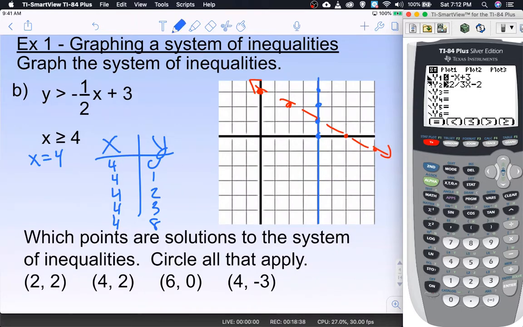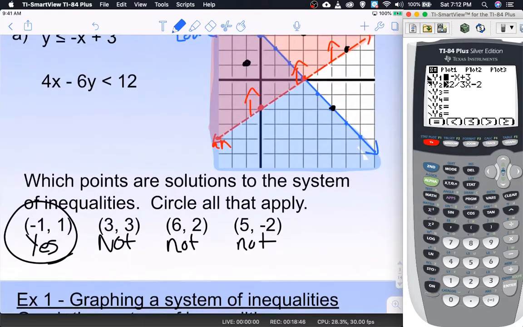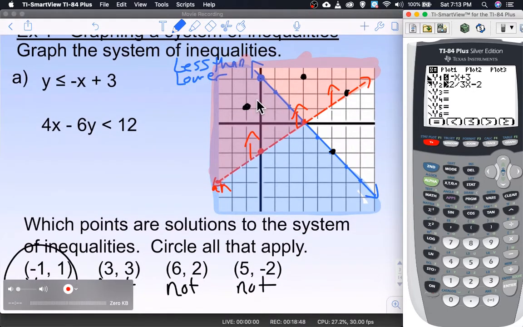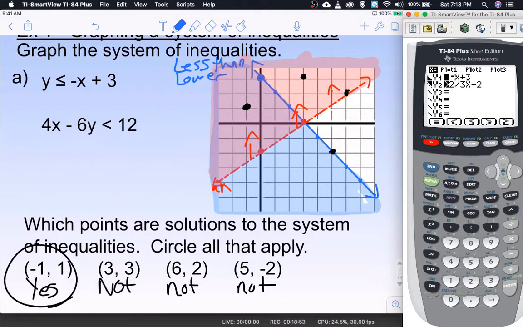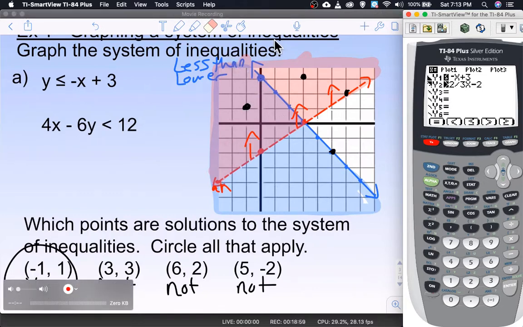Now, shade. What I showed you before of shading the one and shading the other and looking for the double shaded region, I don't really personally like this. Typically, when you're looking for the solution to a system of equations, you're looking for the one area, the one triangle, the one piece of pie that is shaded in twice.